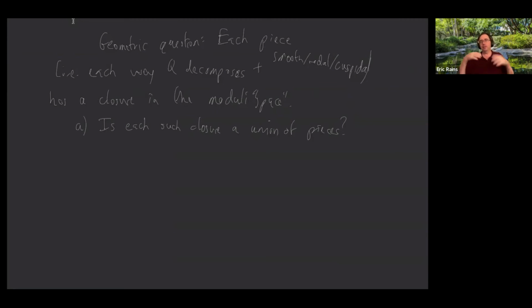But if we look at some lower piece, one particular symmetric Q difference equation, its Zariski closure in the family of all surfaces is some subscheme or really some substack. And we want to know, is it a union of pieces? And if so, which pieces?